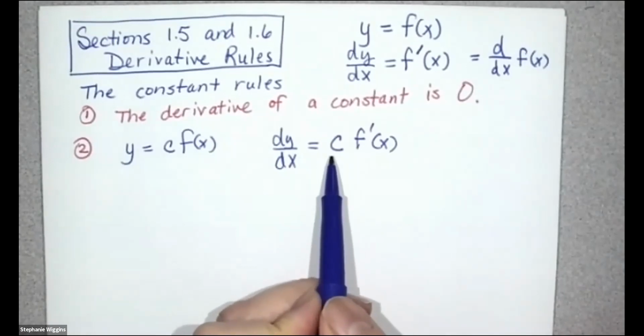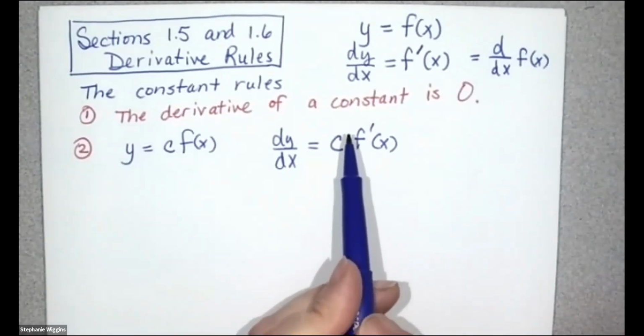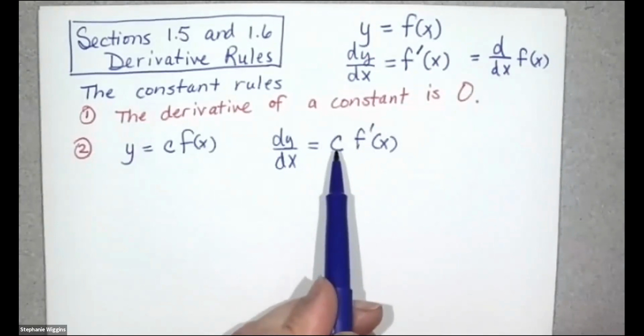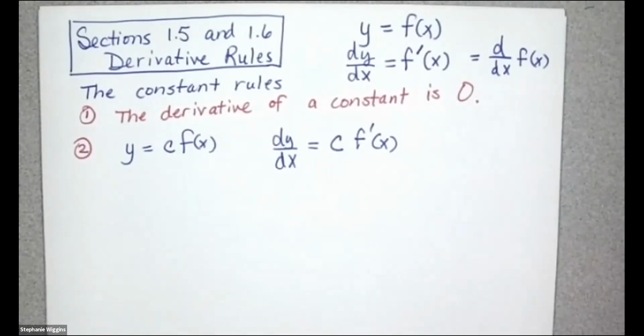So this constant multiplication is not going to affect anything. You just take the derivative of your function and multiply it by the constant after the fact. That's the constant multiple rule. It's pretty straightforward. I think when we start to do some examples, these rules will make more sense to you.